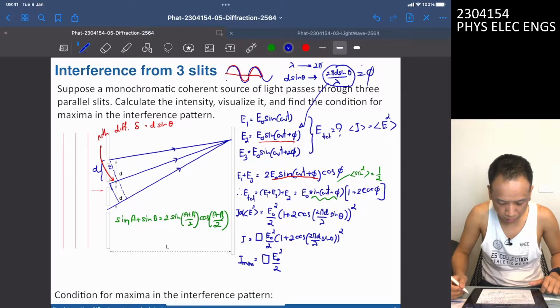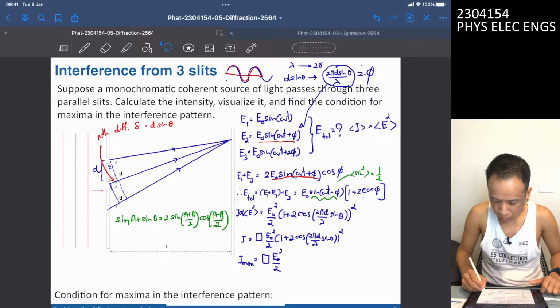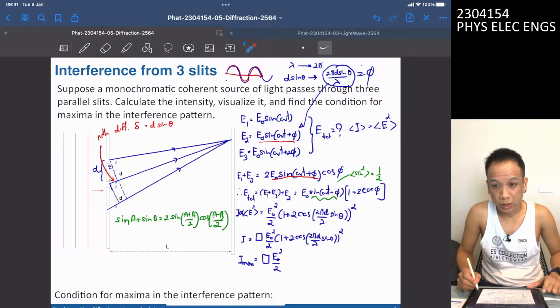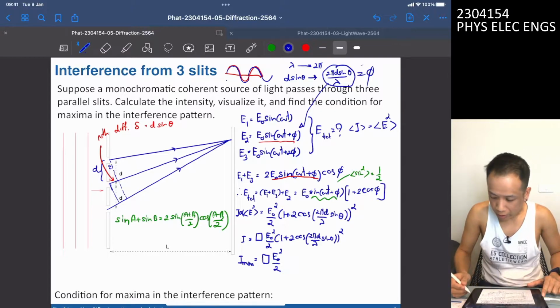Maximum happens when cosine phi becomes 1, right? When cosine phi becomes 1, the term in the bracket becomes 3, and then you square it, so you get 9.